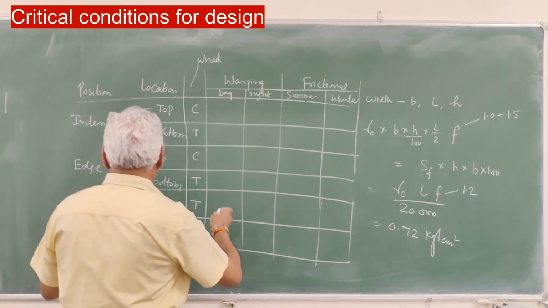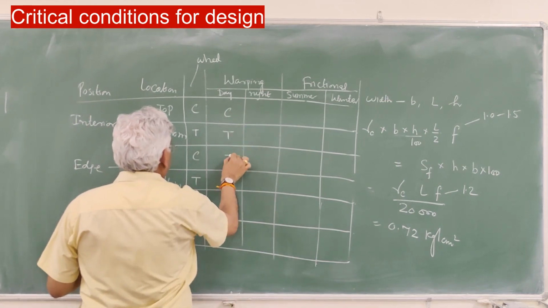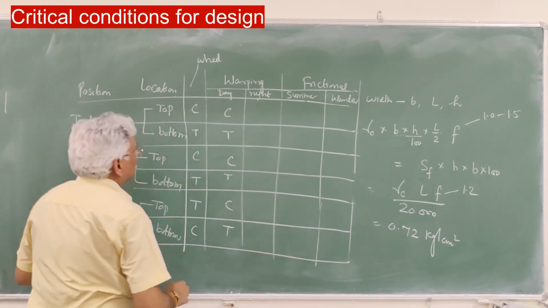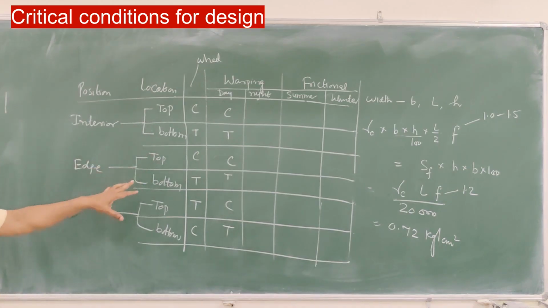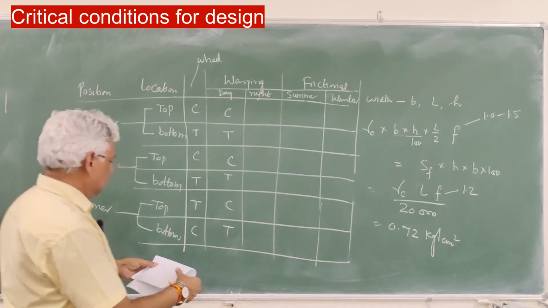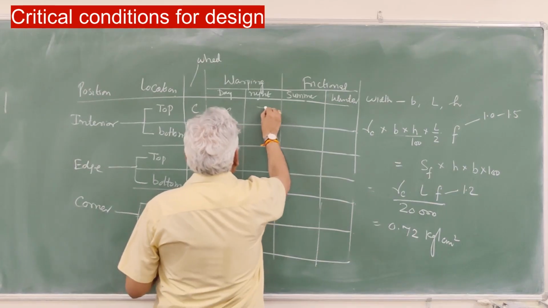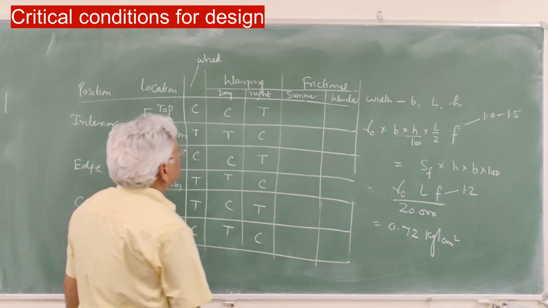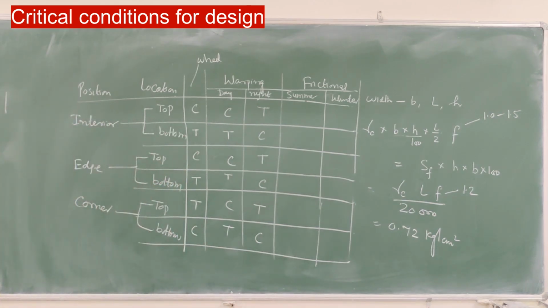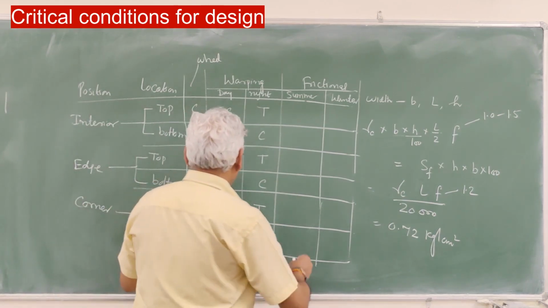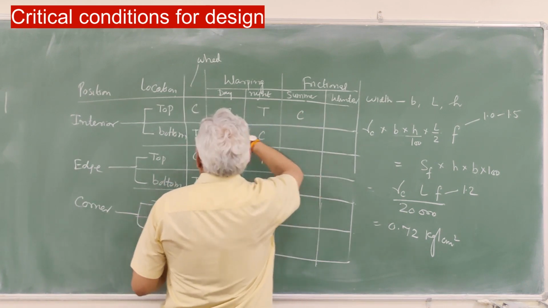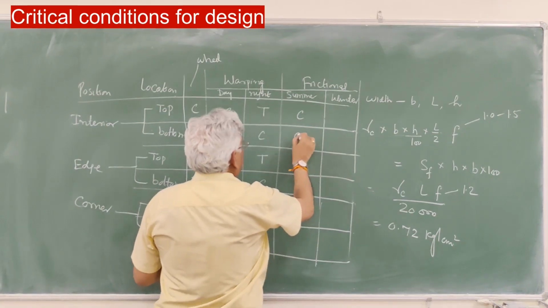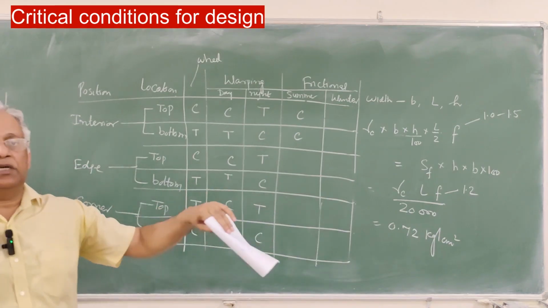Warping stresses during daytime is CT, CT and CT: compression at top and tension at bottom. During night time, this is reverse: TC, TC and TC. Now frictional resistance or frictional stress during summer is at top compressive, at bottom also compressive, because it is a complete expansion or contraction of the slab.